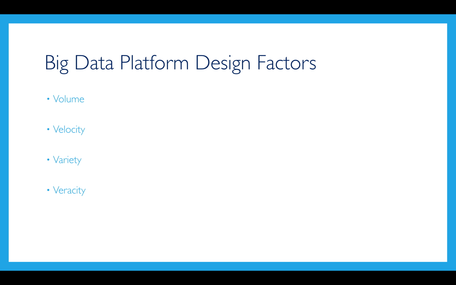Then velocity: the frequency of data that is going to hit, your infrastructure should be able to handle that velocity. Variety: your system should be able to store all varieties of data, be it an image, audio, text, or video.